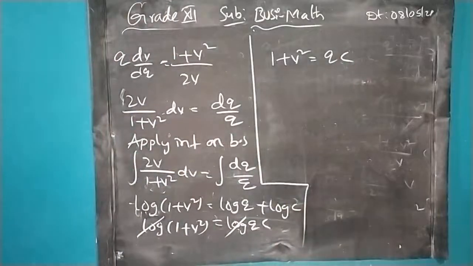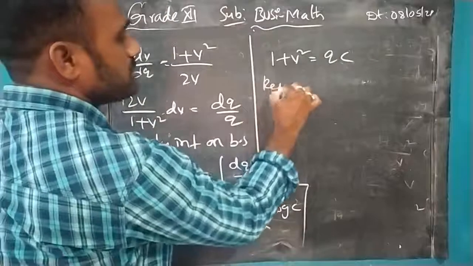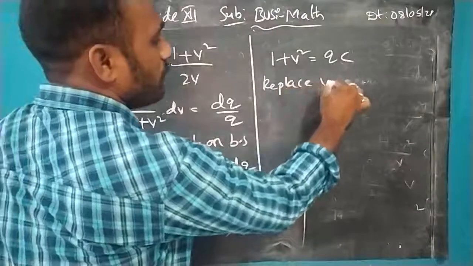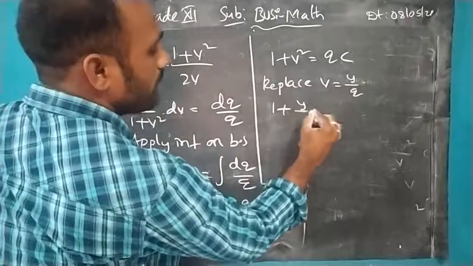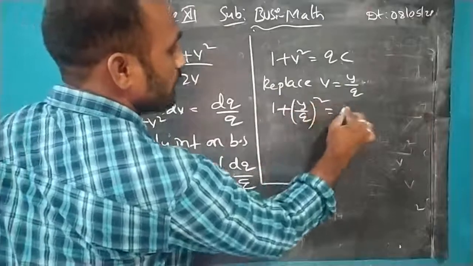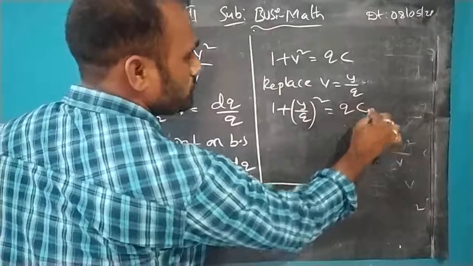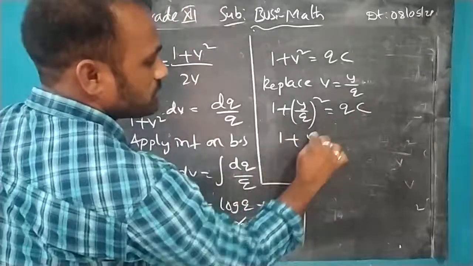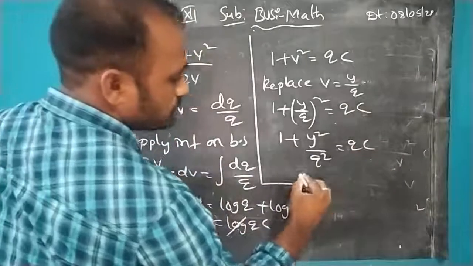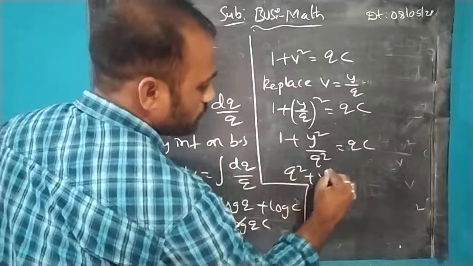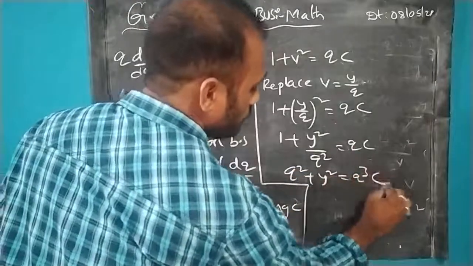Now replace v by y by q. So what it will become? 1 plus y by q whole square is equals to qc. So 1 plus y square by q square is equals to qc. So it will be q square plus y square is equals to q cube c.